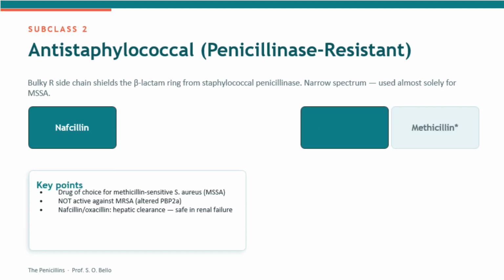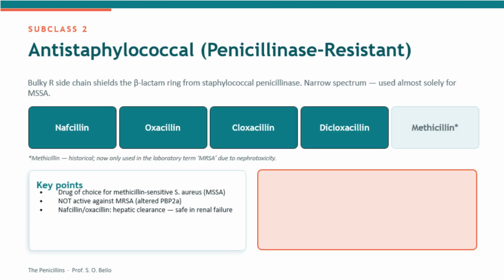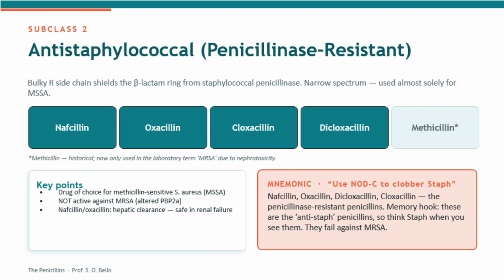Soon after penicillin came into use, Staphylococci fought back by producing an enzyme, penicillinase, that destroys it. The pharmaceutical answer was this subclass, the anti-staphylococcal or penicillinase-resistant penicillins. The trick is chemical. A bulky side chain physically shields the beta-lactam ring so the staphylococcal enzyme can't get at it.